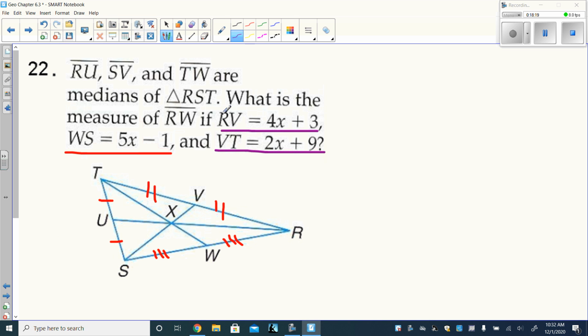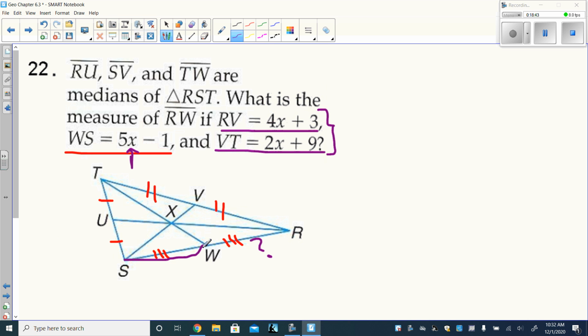What is the measure of RW? So what's this measure if we're given these three values? Well, I can use these two because I know that these two here are congruent to find the value of x. Now, once I find the value of x, we can plug it back in here to get SW's length.